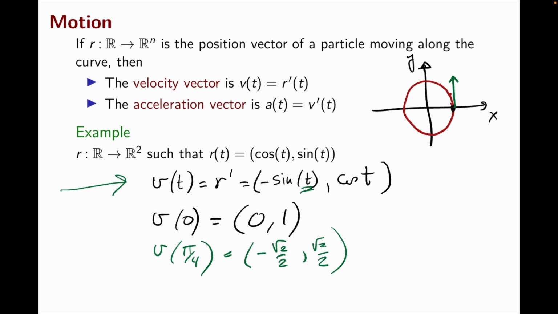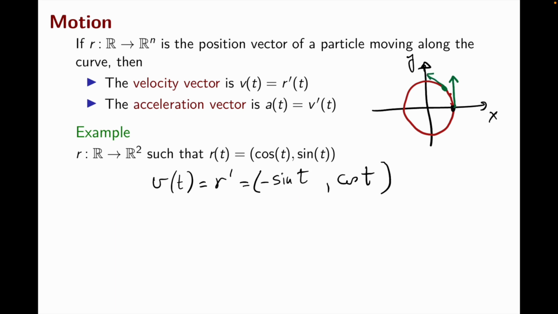Square root of 2 is about 1.4, divided by 2 is about 0.7, so it's minus 0.7, positive 0.7. So the vector here is the vector minus 0.7, 0.7.